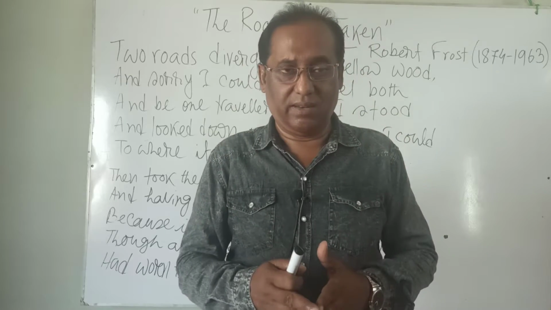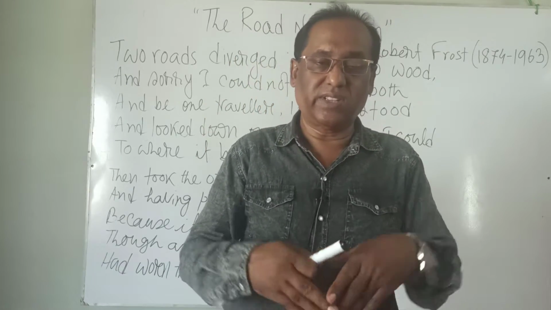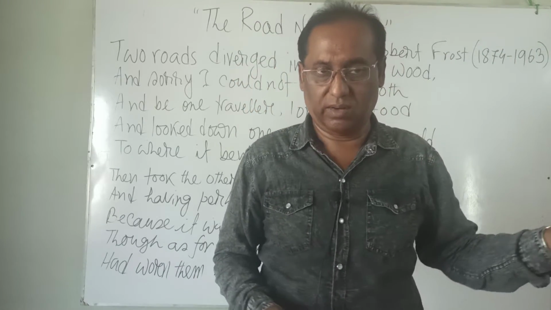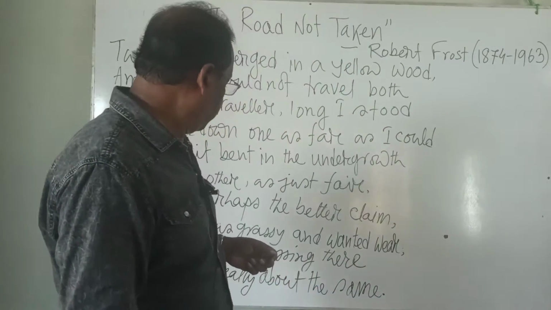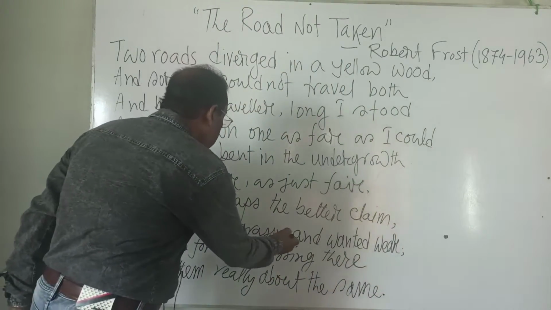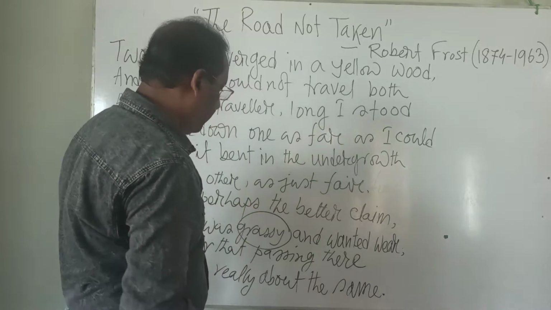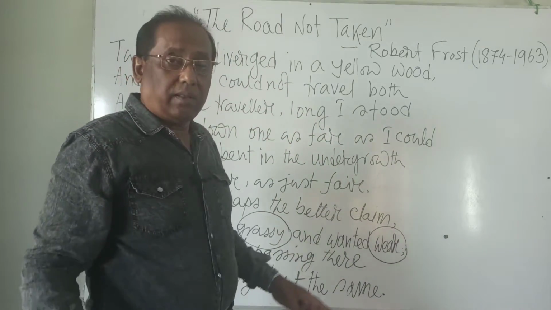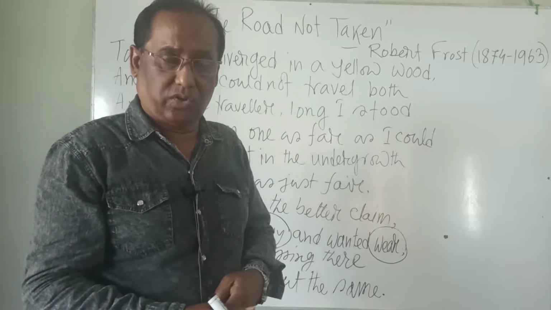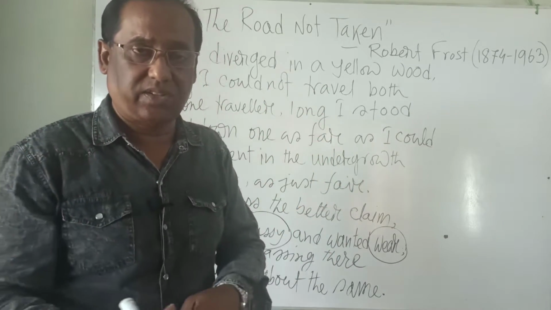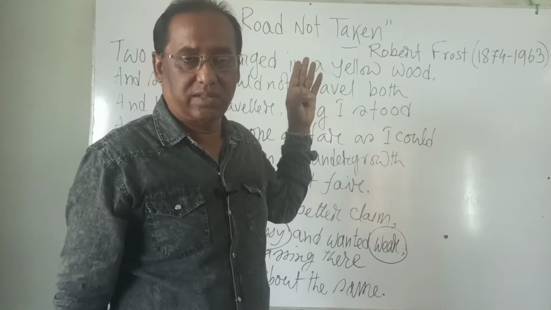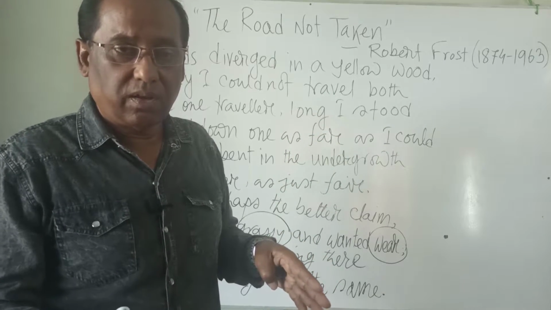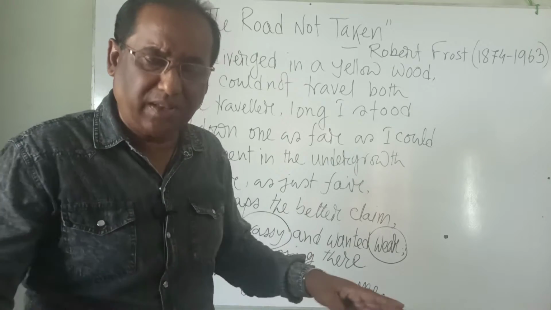What is the main reason for which the traveler decides to take the second road, rejecting the first one? The main reason is that this road is grassy as well as wanting wear. The road is grassy means that very few travelers have traveled along this road, and it is not much trodden.